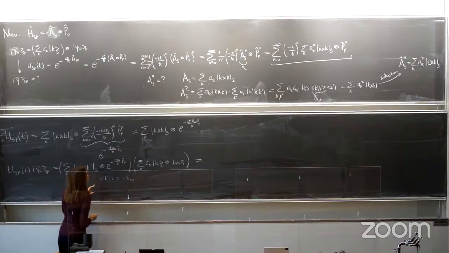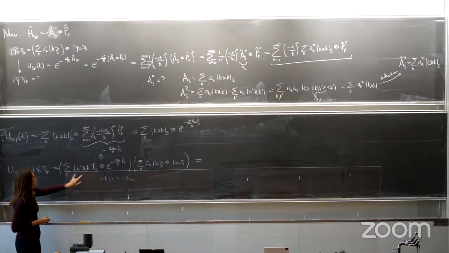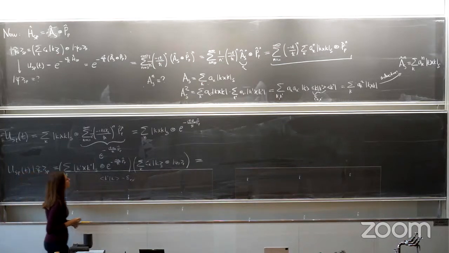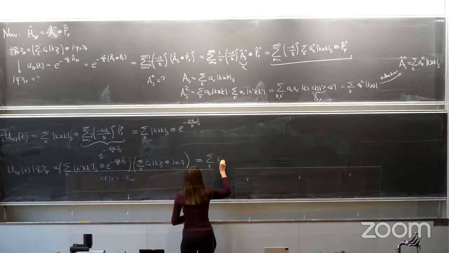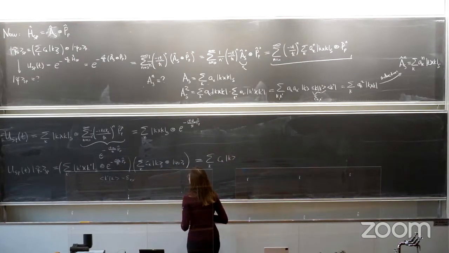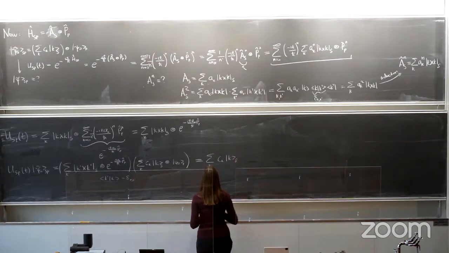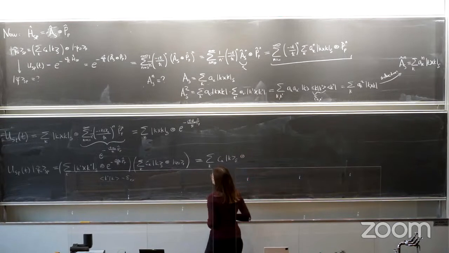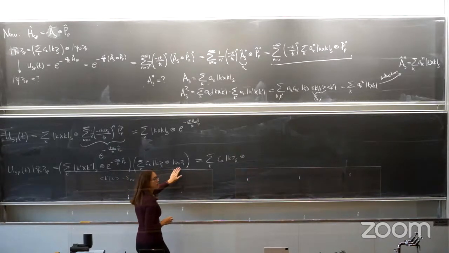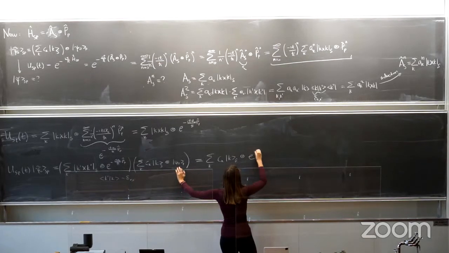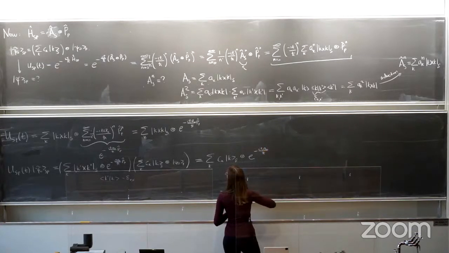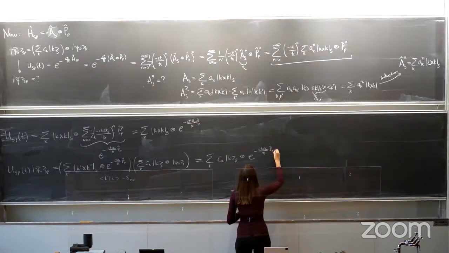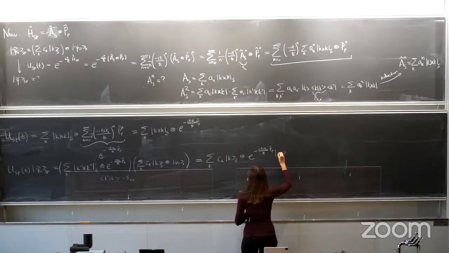So the only terms that will survive are those for which k prime equals k, which means that we just will have one sum over k, c_k |k> on S. And this is going to be tensor producted with just applying this exponential, minus iT a_k over h bar P on P, acting on psi 0 on the pointer.